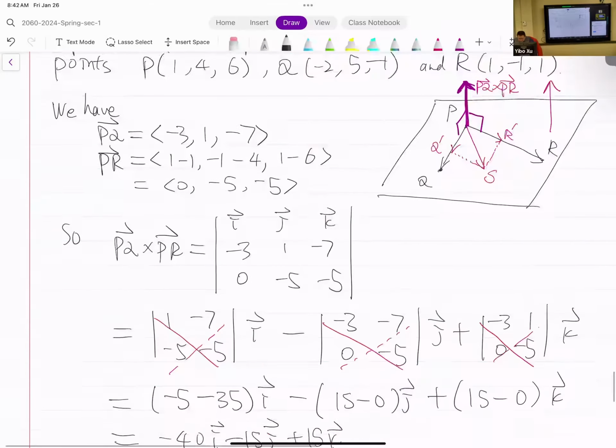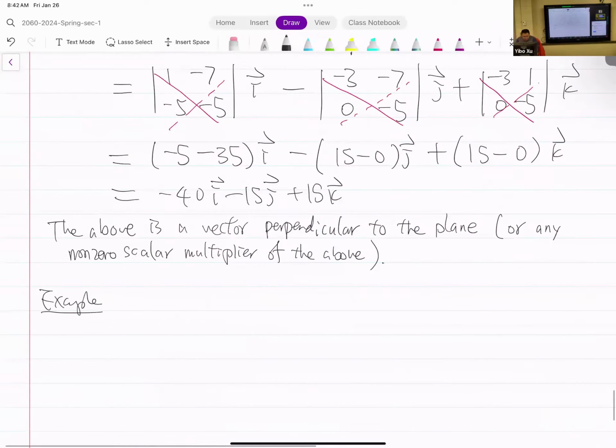So now, the next example is about the area of the triangle. We do have another way to find the area of the triangle.